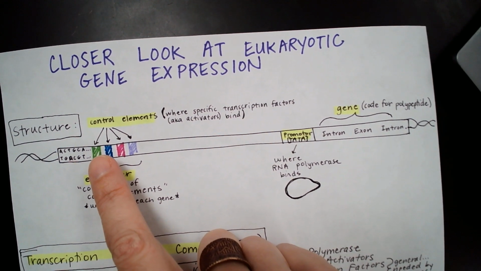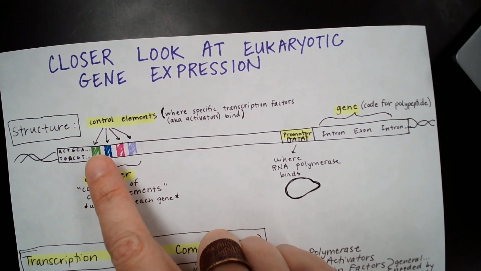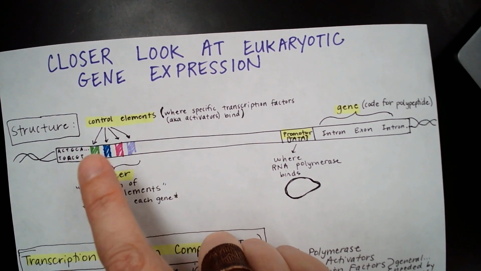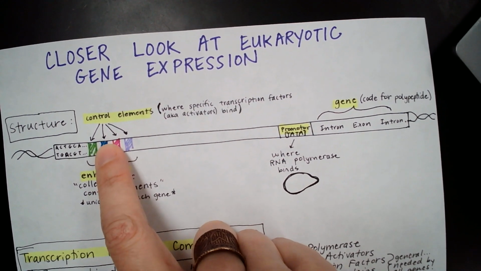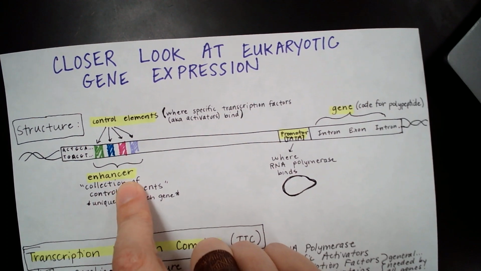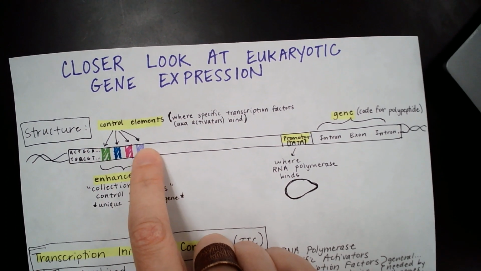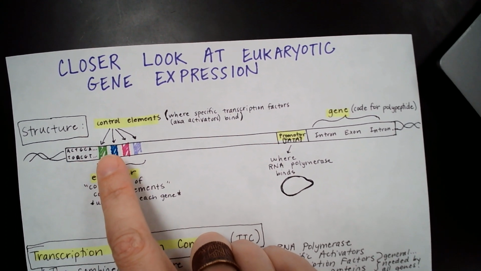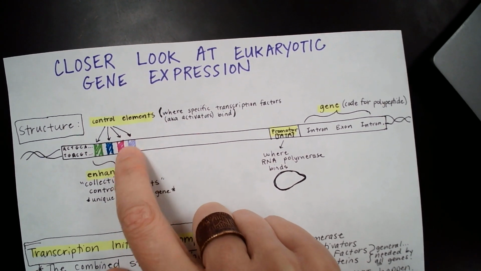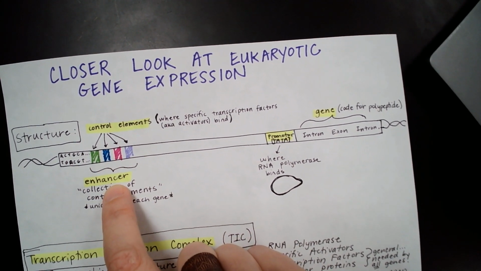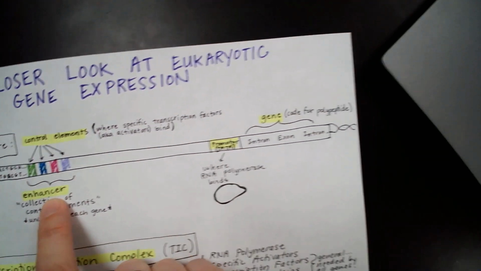Think of the control elements like letters in the alphabet, and the enhancer is the word. So different collections of letters create a different word, okay? You can mix and match letters, you can do longer words, you could do shorter words, you could do different letters. That's what makes these enhancers unique, okay?